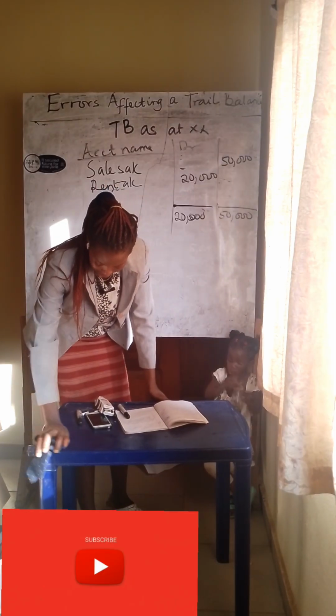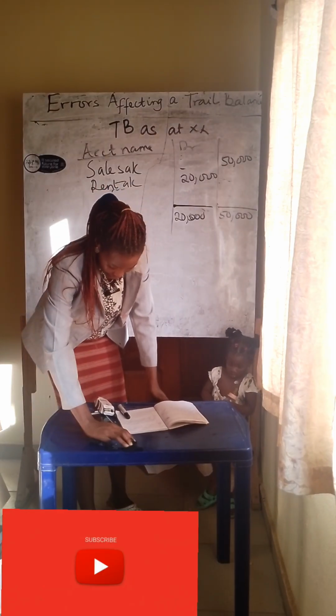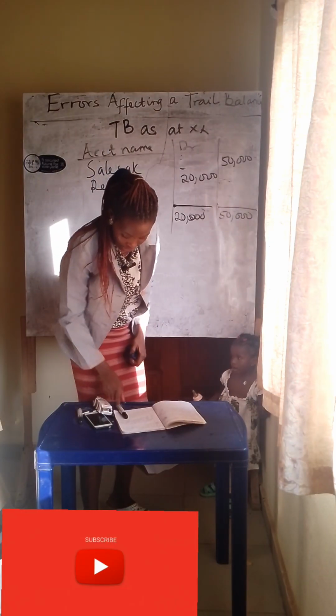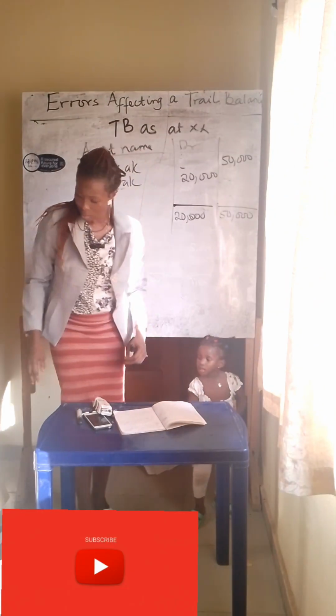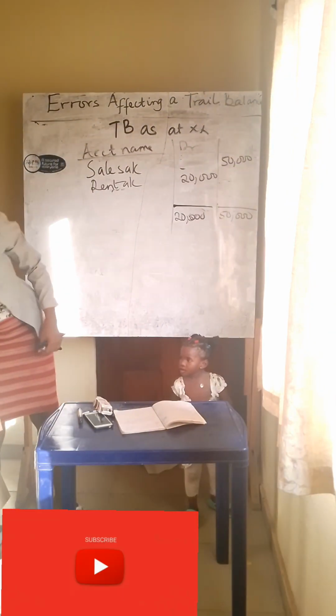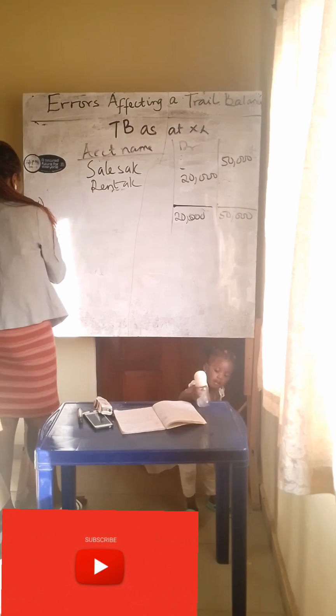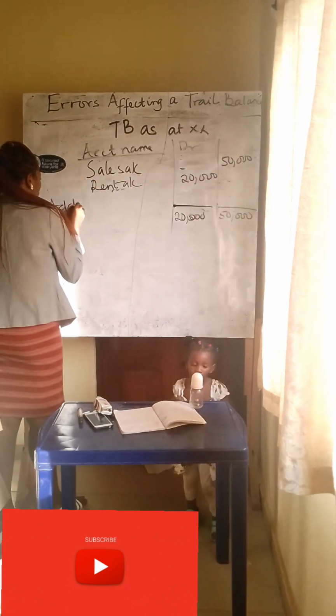Smoothly. So let me just draw that on the board so that you can see properly and understand clearer what I'm talking about. So now, our addition error, like I said earlier, is one error that can prevent your trial balance from balancing.